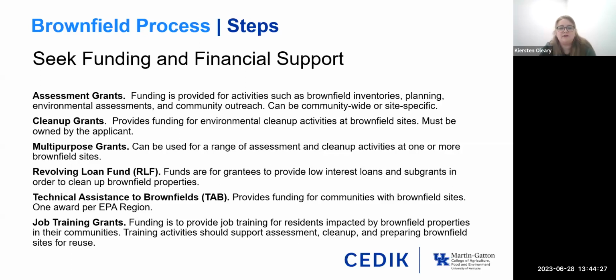Essentially, when you go to apply for any assessment or cleanup funding through EPA, first of all, there are assessment grants. Typically, those are community-wide assessment grants, so a particular corridor or region or a couple of streets of your community where you have a lot of brownfield properties that you want those assessment activities performed at.